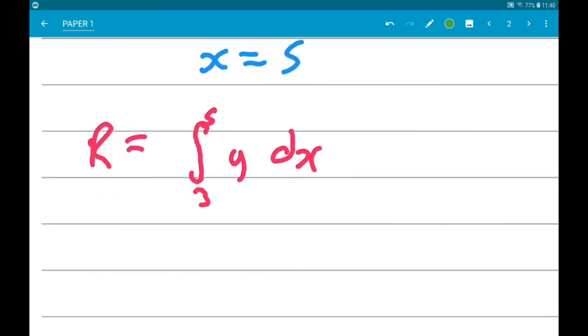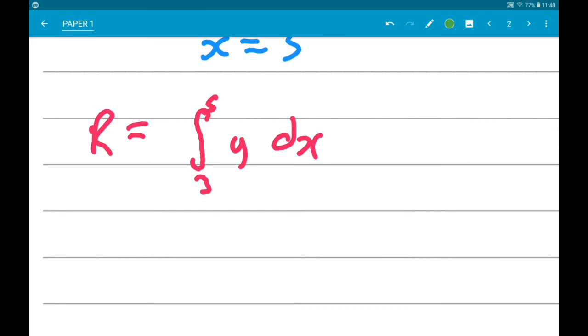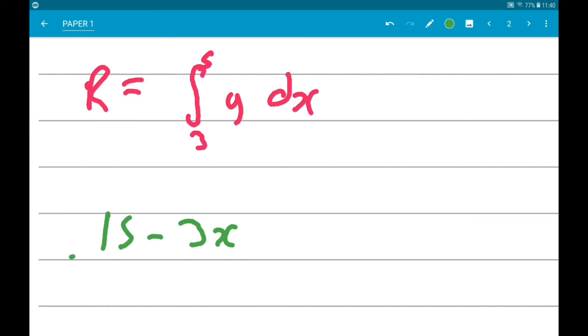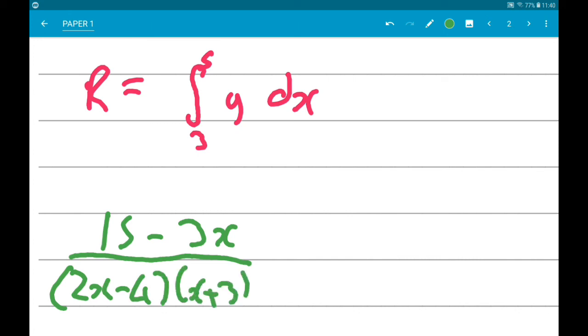So we are now saying that 15 minus 3x over 2x minus 4 times x add 3 can be written in the form a over 2x minus 4, add b over x add 3.